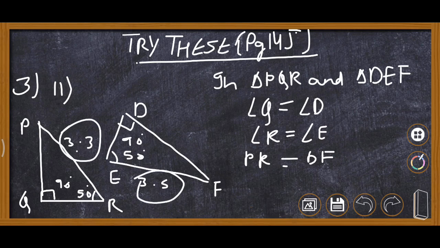So we will write not equal, which means these triangles are not congruent. So we will write triangle PQR is not congruent. So this is the congruent sign and this is the not congruent sign.